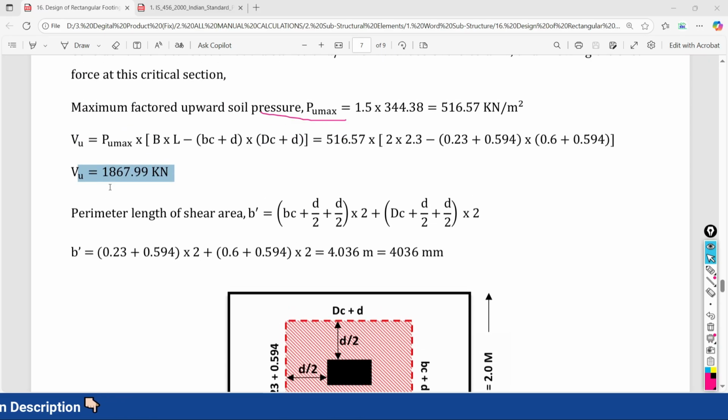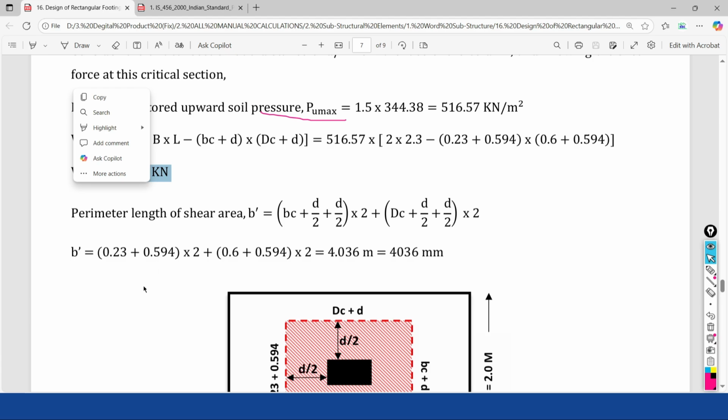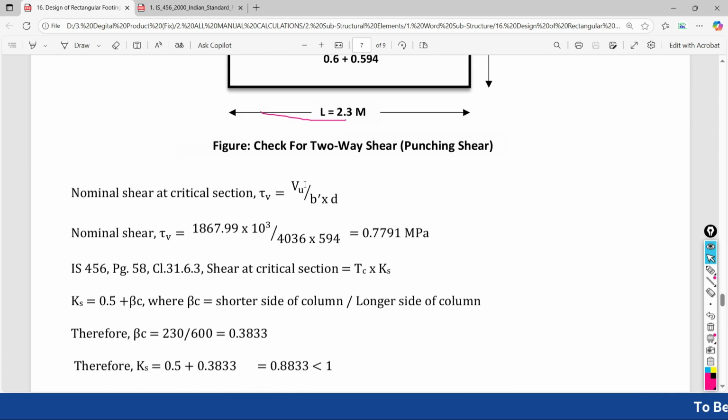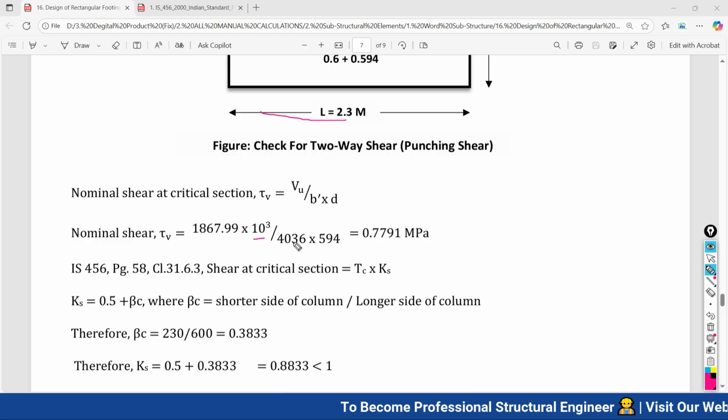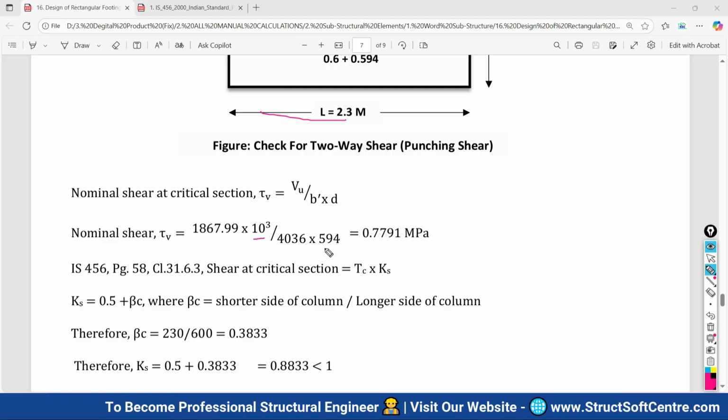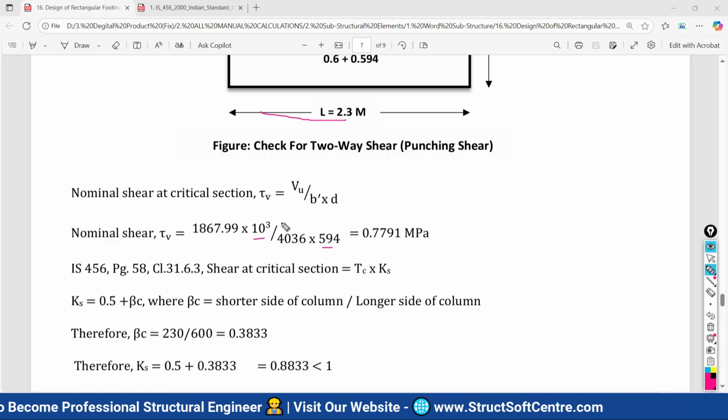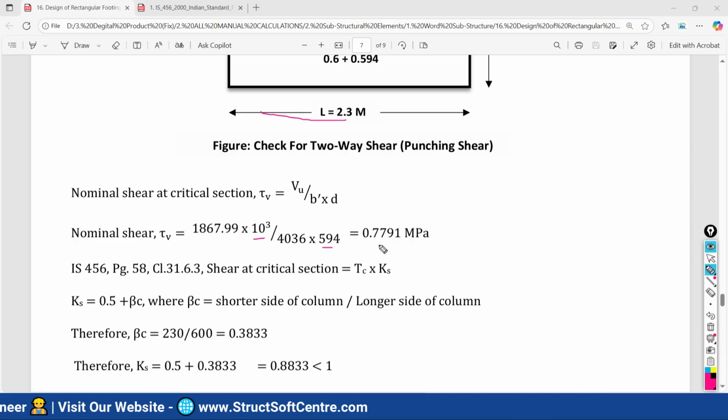Vu is equal to 1867.99 kilonewton. So we have to put the value of Vu in Newton. That's why 1867.99 into 10 raised to 3 divided by b dash. b dash is nothing but your perimeter length multiplied by your effective depth. After doing all this calculation, we get the value of tau v as 0.7791.